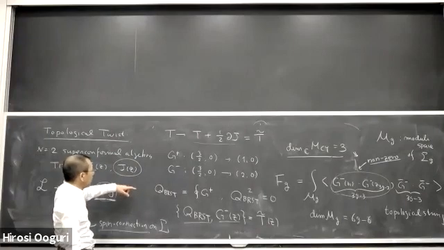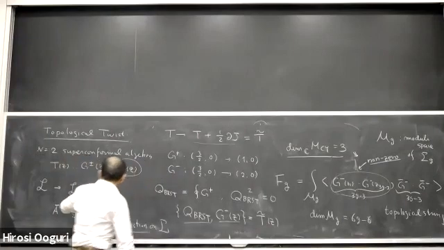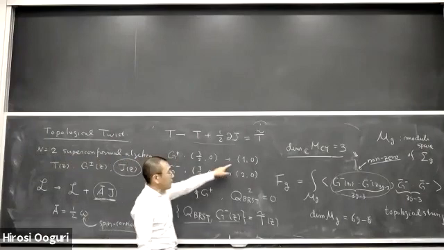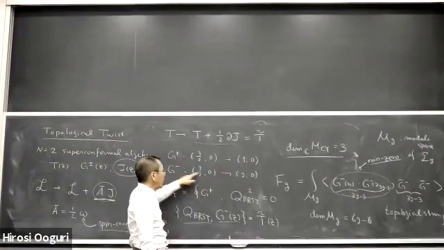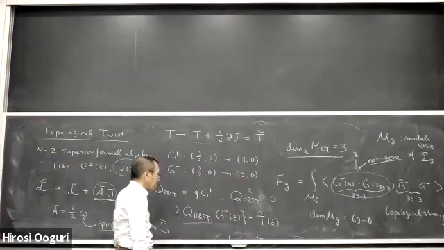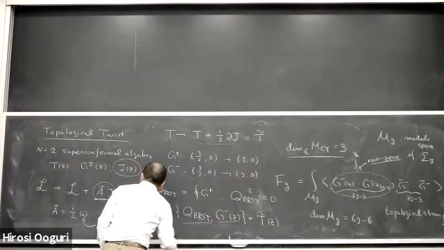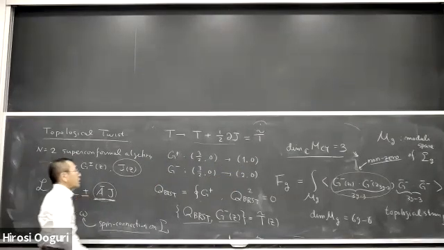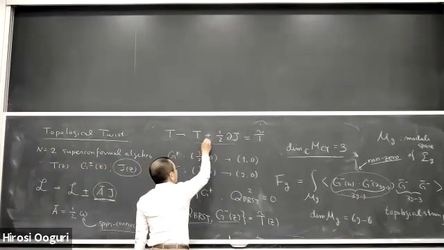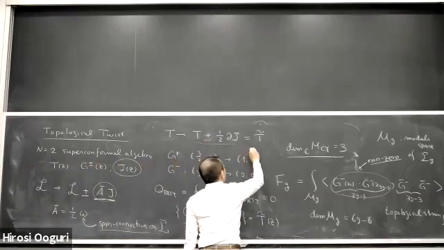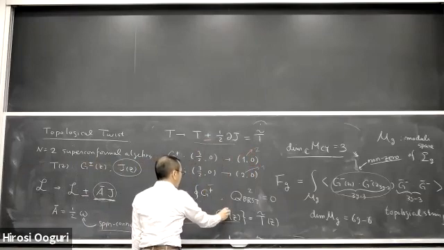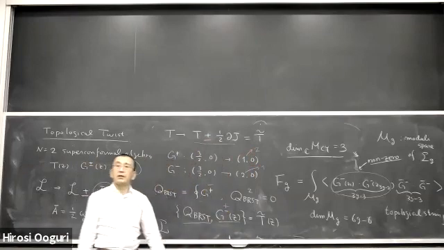And also, there's another thing, which is that here I have chosen the twist in such a way that G plus becomes dimension 1 and G minus becomes dimension 2. But for example, I could have chosen another twist. If I had chosen minus sign here, then I would have gotten minus here. So in that case, this becomes 2 and this becomes 1. So the roles of plus and minus will be exchanged.